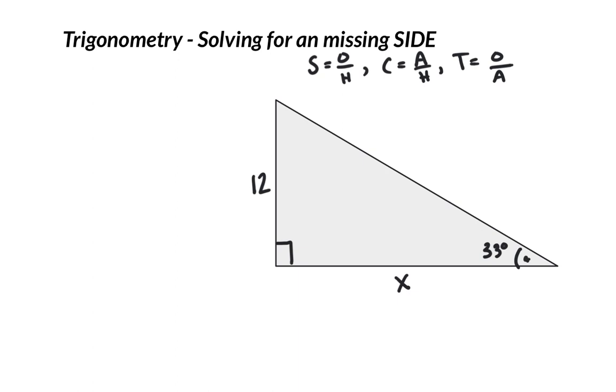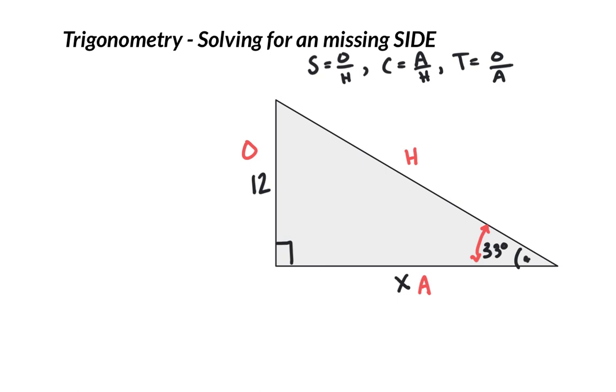Here it is. Then identify the hypotenuse, the longest side, the side across from the right angle. Do that first. Then label the adjacent, the other side that makes up the angle with the hypotenuse, and the side across is the opposite.